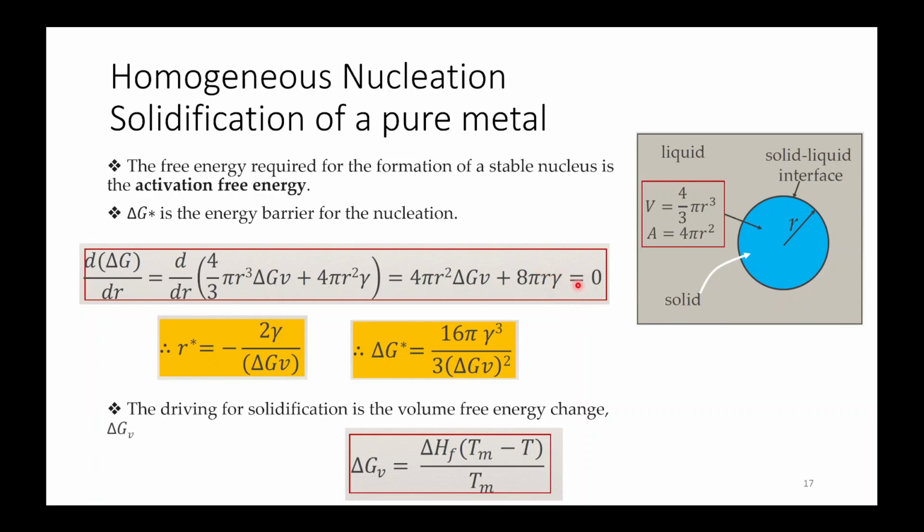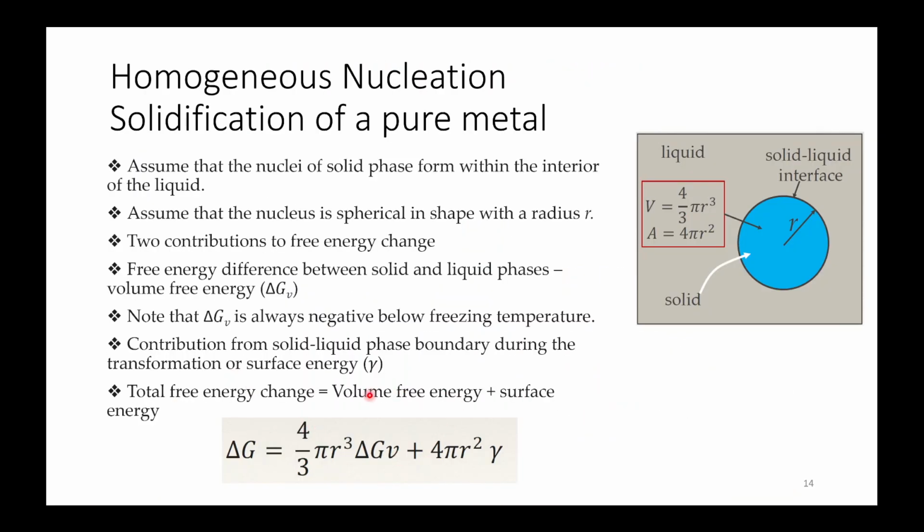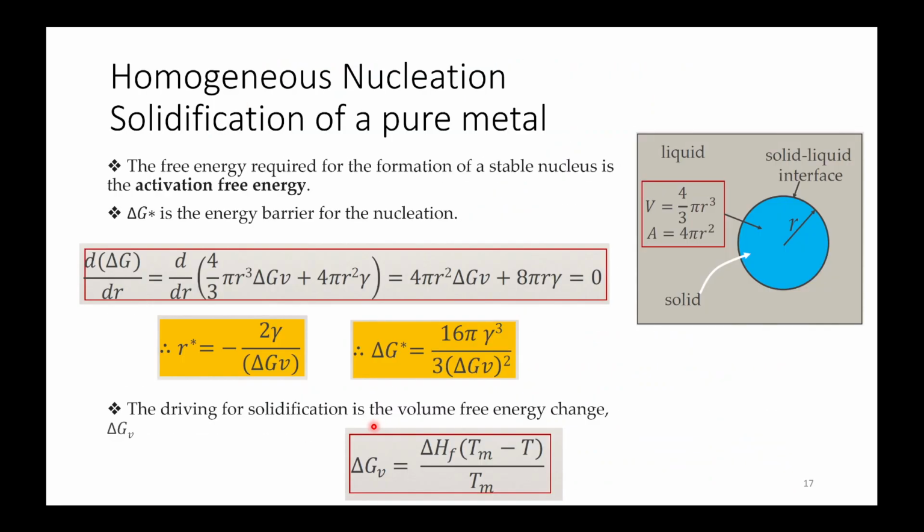When you keep it equal to 0, where this r star will be critical, you can get the r star value to be minus 2 gamma upon delta GV. When you put this value of r star in your initial equation, you'll get delta G star, which will be 16 pi gamma cube divided by 3 delta GV square.